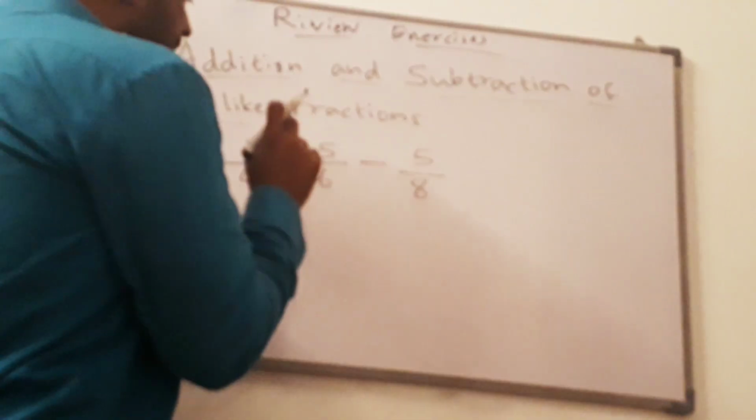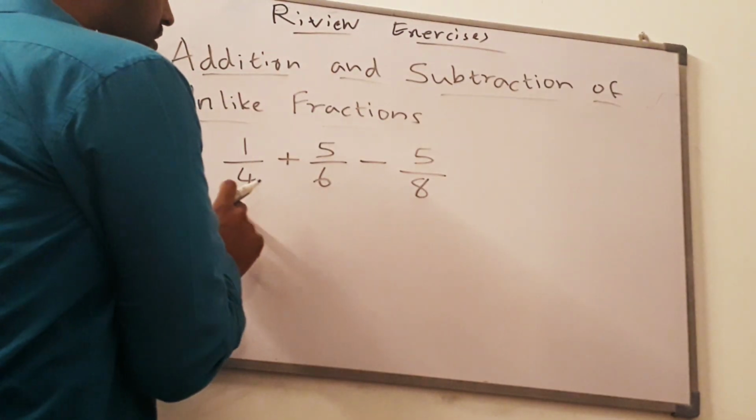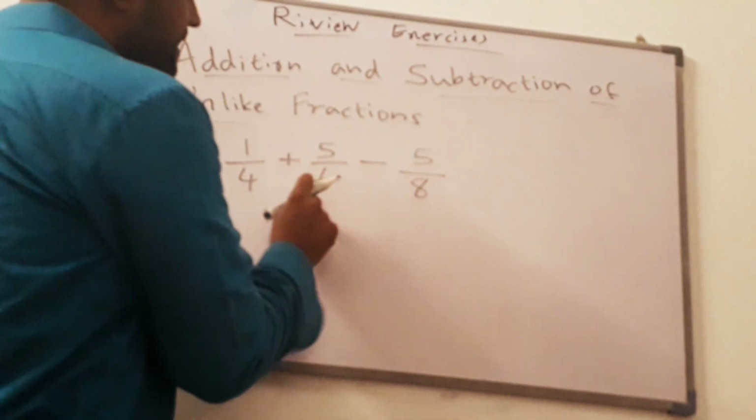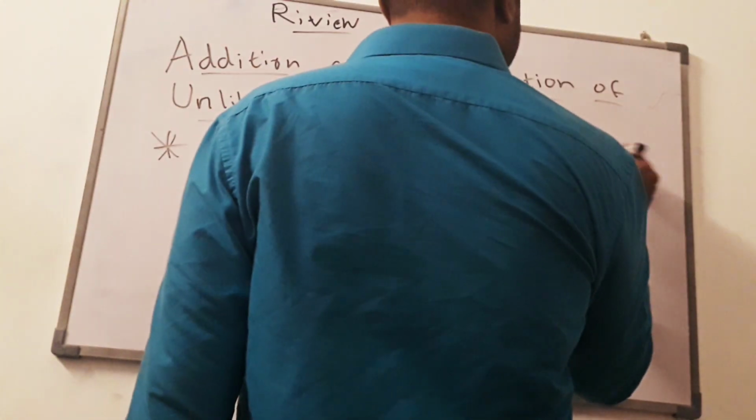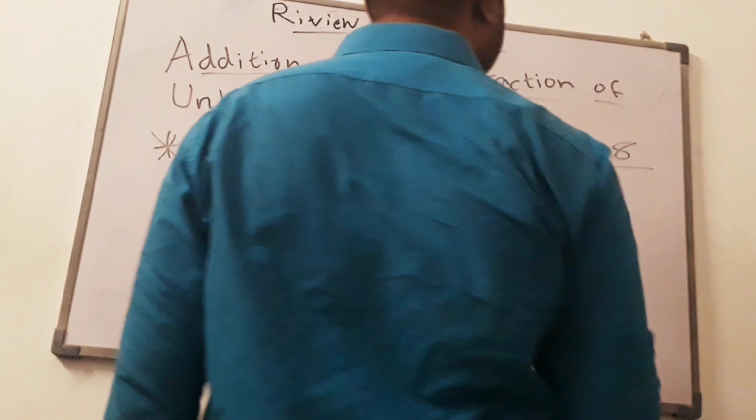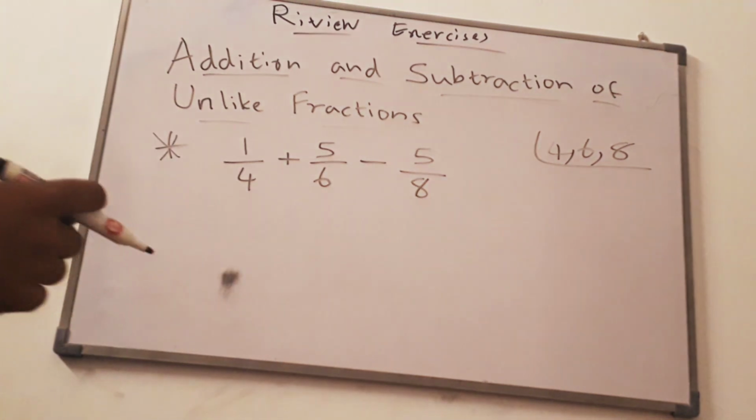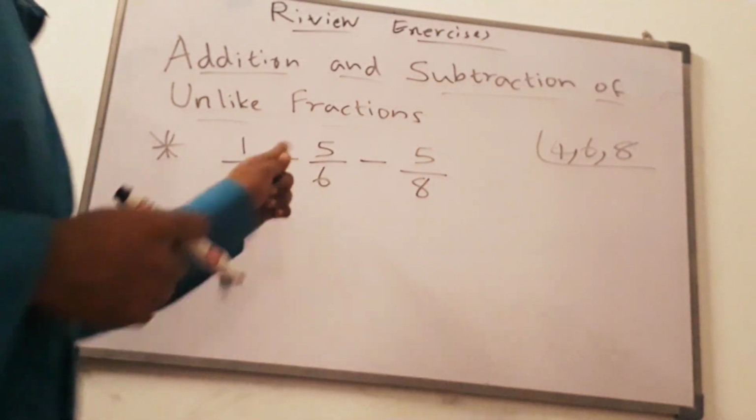Okay, 8 is divisible by 4, but 8 is not divisible by 6. So we have to go for the division method yet again. 4, 6, 8 to find the least common denominator, because 8 is not a multiple of 6.